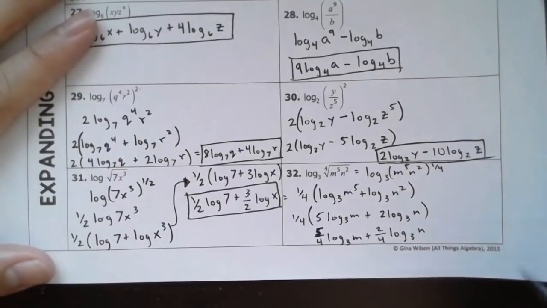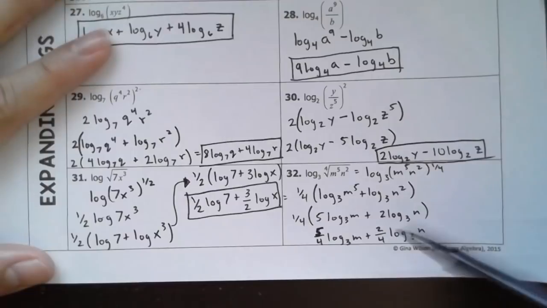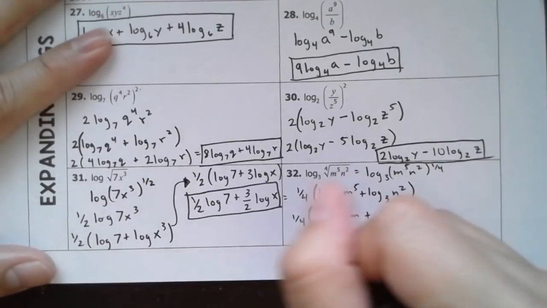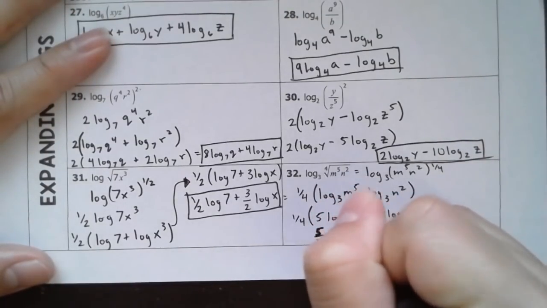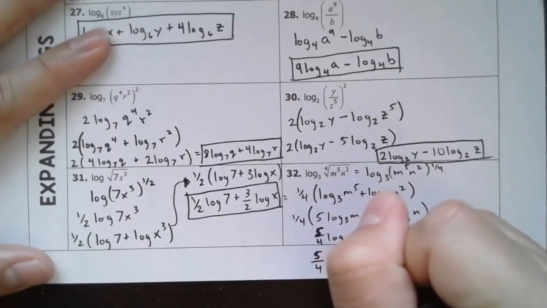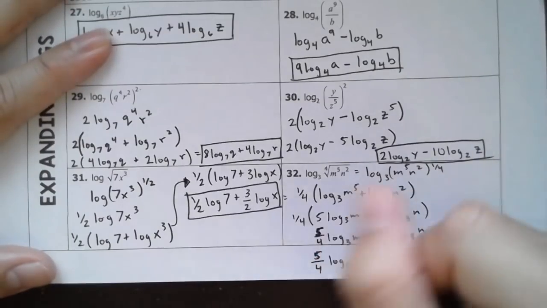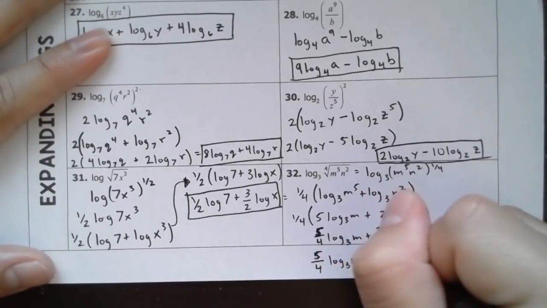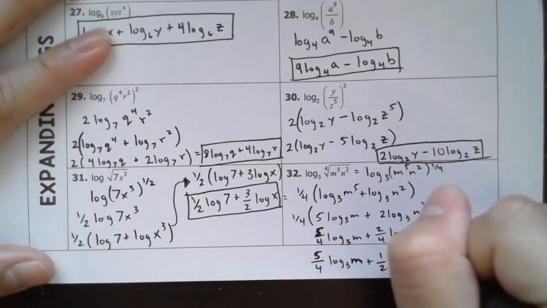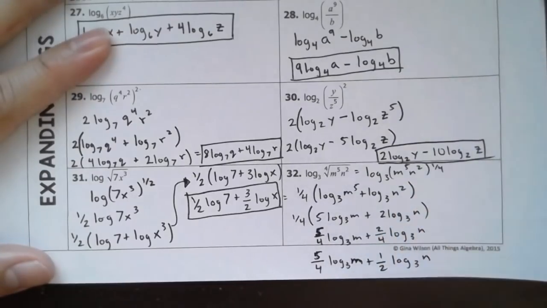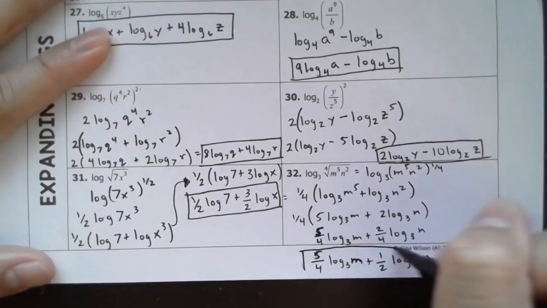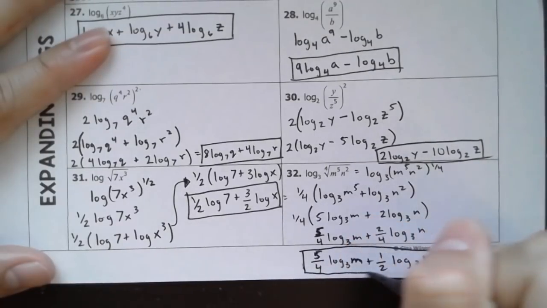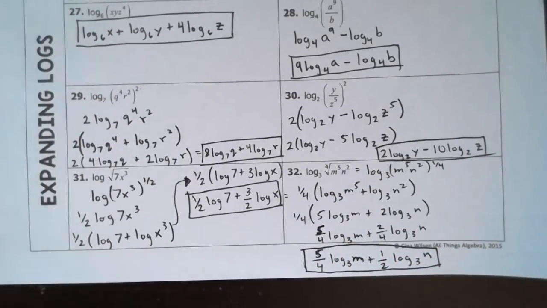One more thing I can do here is simplify this one here. Okay, so my final answer should be 5 over 4 log base 3 of m plus 1/2 log base 3 of n.